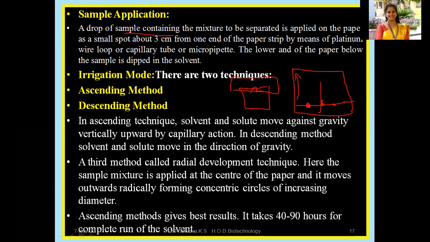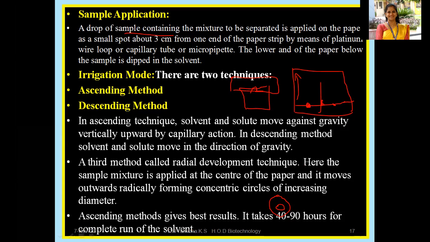A third method is called the radial development technique. Here, the sample mixture is applied at the center. For example, if this is the Whatman filter paper, we are going to load the sample in the center in a circular form, and this will spread like this. Once they spread, you are going to get a radial or circle shape based on their mobility.